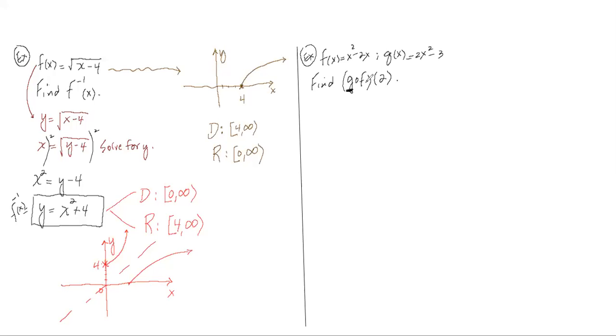Okay, so this says g of f of 2. So there are two ways of doing this problem.